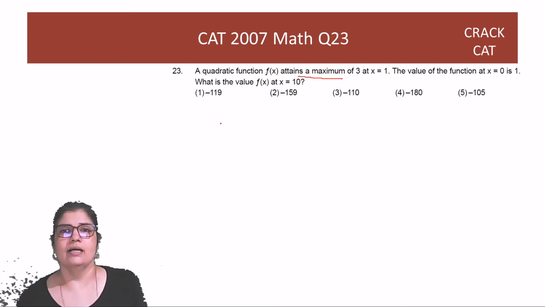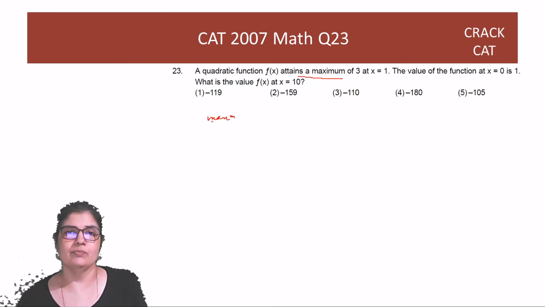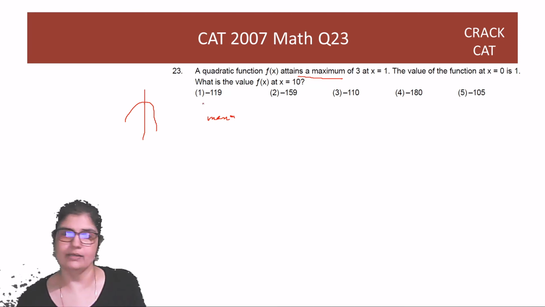Okay, this function attains a maximum, not a minimum. That means the parabola will be something like this, it has a maximum, not a minimum. So it means that the function equation is of the form constant minus perfect square.